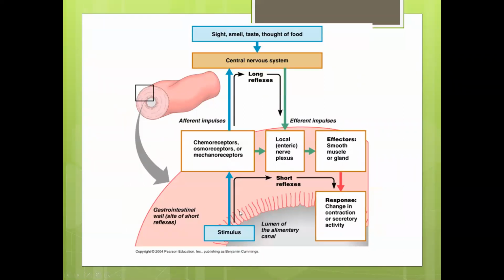Whatever the stimulus is inside, it could be chemoreceptors, mechanoreceptors, stretch receptors, osmoreceptors, change in osmolarity, whatever, can then just hit the nerve plexus and send the signal right out to the muscle or gland. So that's why we talk about having a gut brain. Your gut functions a lot of the time independent of our central nervous system, because it just takes too long. We just don't need to involve it.